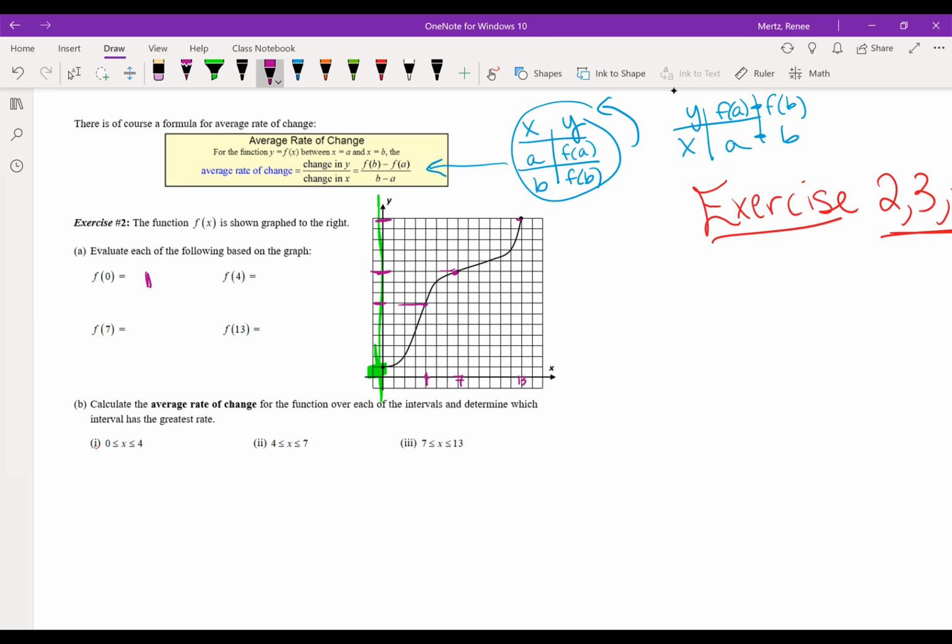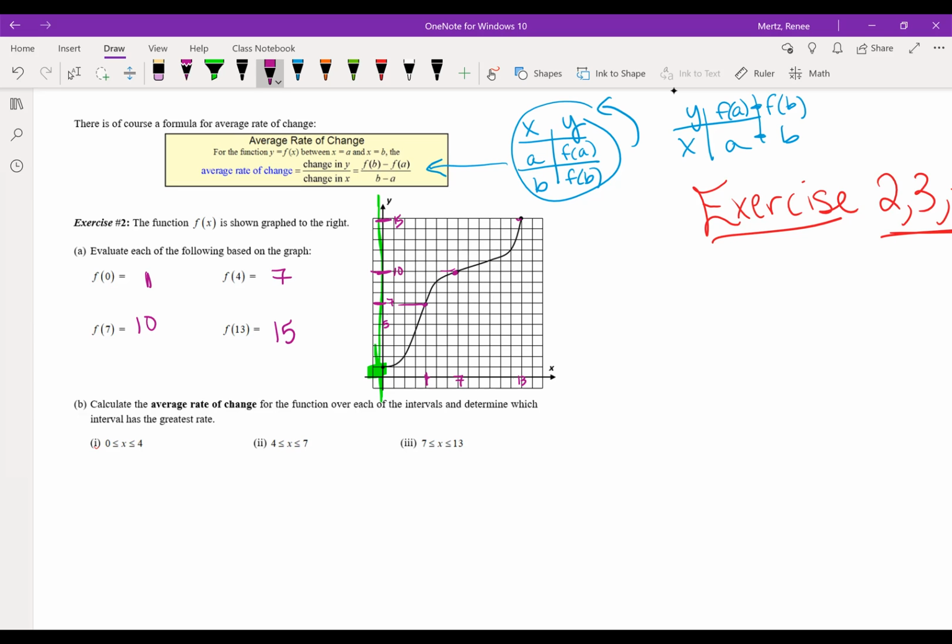So I just need to count these up. 1, 2, 3, 4, 5, 6, 7, 8, 9, 10, 11, 12, 13, 14, 15. So f of 4 was at 7, f of 7 was at 10, and f of 13 was at 15.